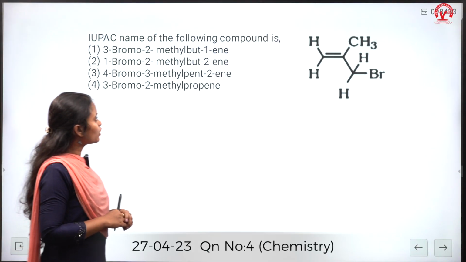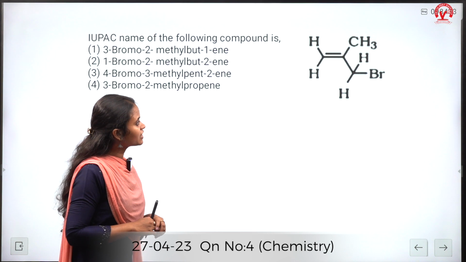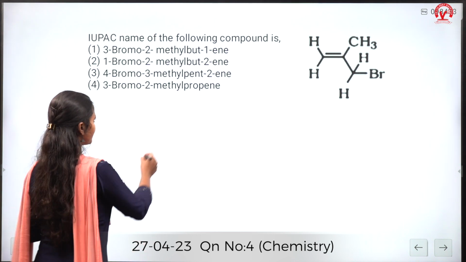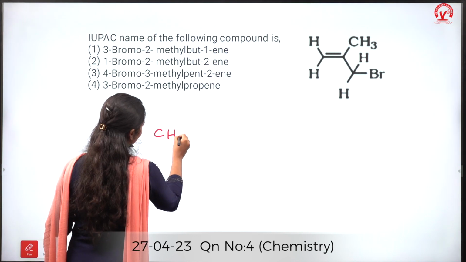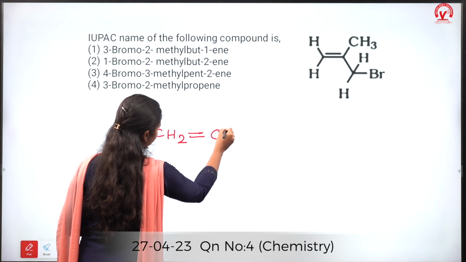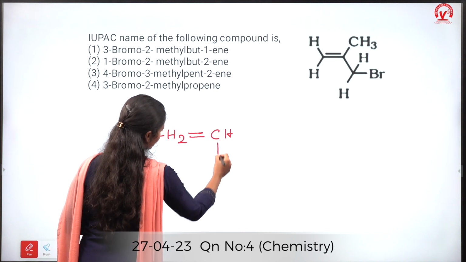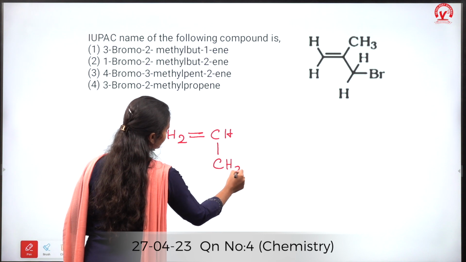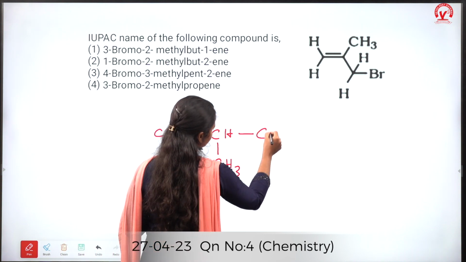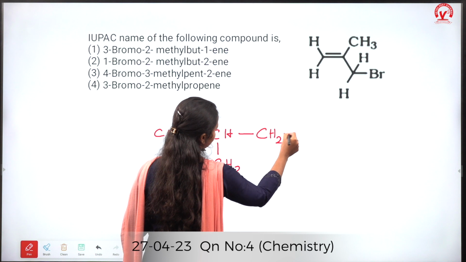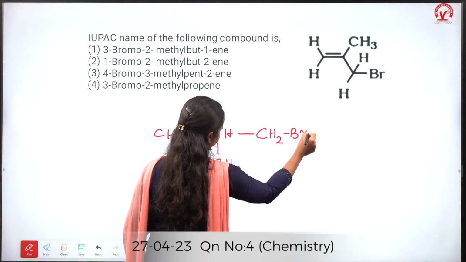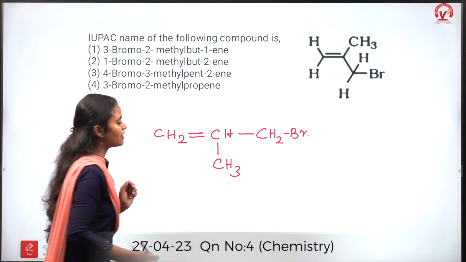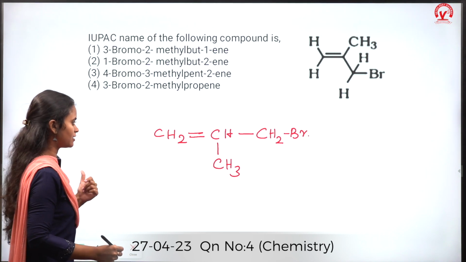IUPAC name of the following compound. First we have to write the compound in simplified form: CH2 double bond CH single bond CH3, and CH2Br. First we have to find the parent chain.